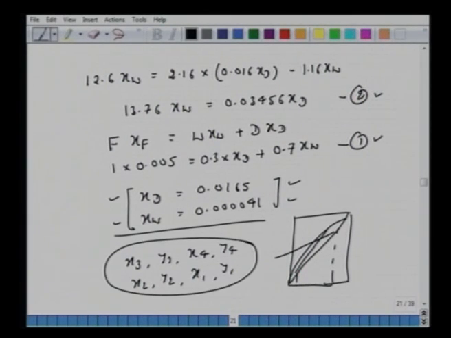Okay, so let's summarize the example which we have done here. The idea here is to solve analytically. Of course, the graphical method cannot be used because we do not know the compositions. So our strategy was to write down the operating line equations for both the top section and the bottom section. Start from Xt and see how we can substitute Xt in terms of Y1, then Y1 and X1 are in equilibrium.